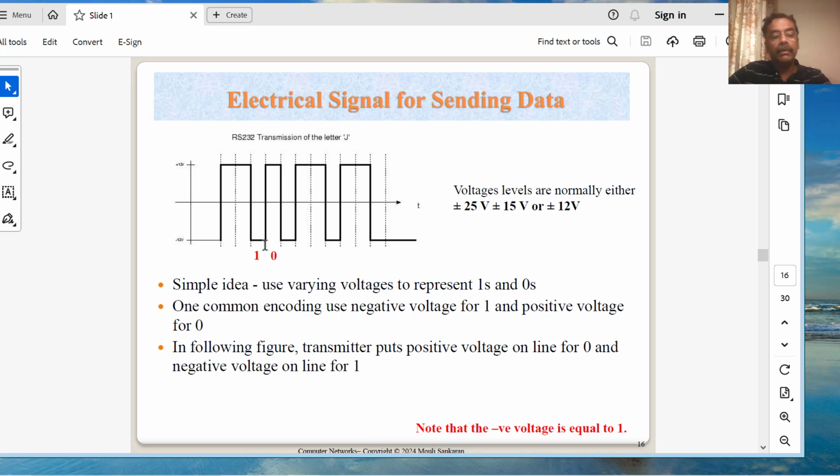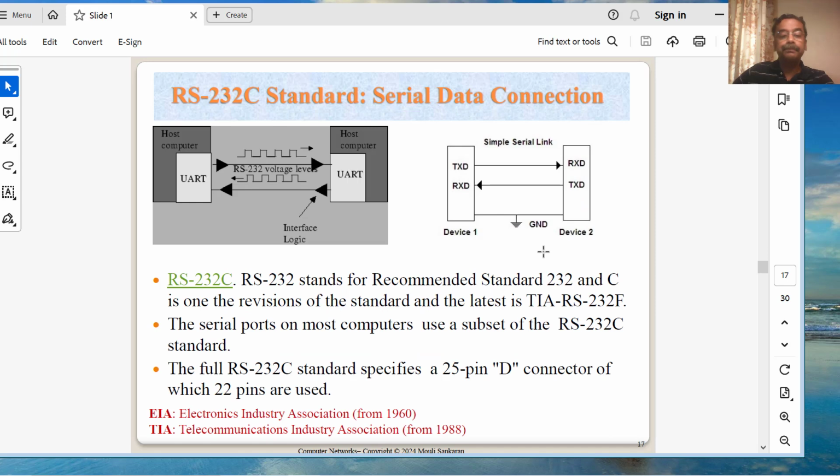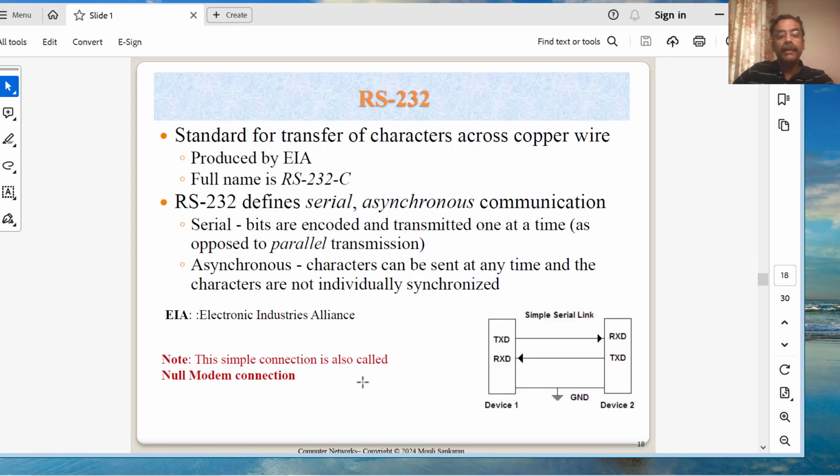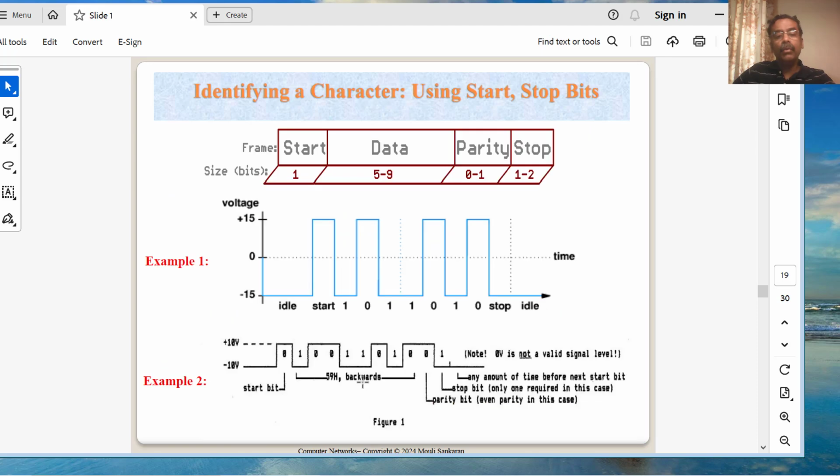So if the first bit is a value 1, then it will generate a minus 12 volts, and then plus 12 volts if it is a 0. So that's how the signals could be. The basic voltage levels are this. Now, this is the standard defined by EIA and TIA. That's fine. Now, let us see how we encode it.